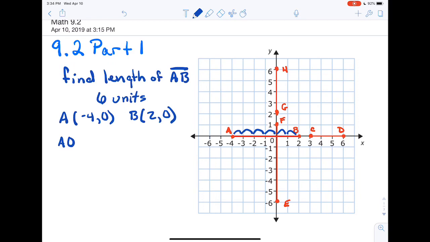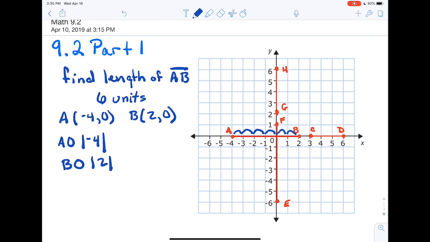Well, A to the origin is 4. That's the absolute value of -4 because A is on the -4. You can see that. So we just take that X coordinate. And then we can think, the origin to B is 2 because the X coordinate is 2.